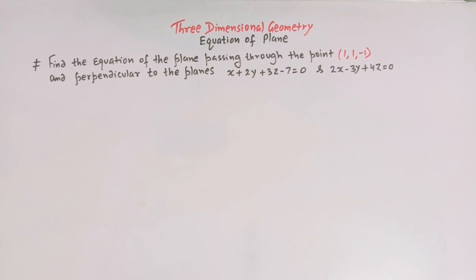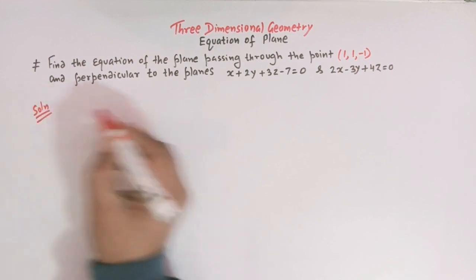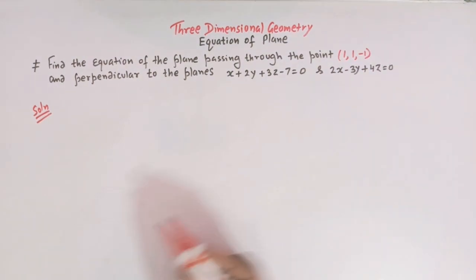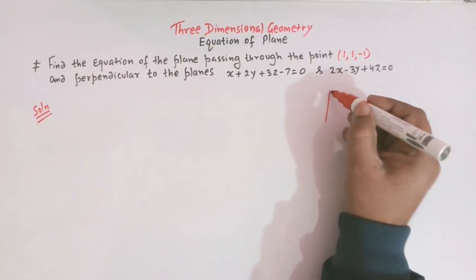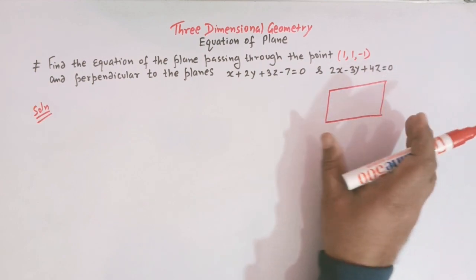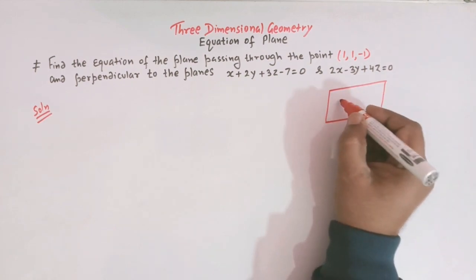So now let us start, and let us first take the point 1 comma 1 comma minus 1, right? So let us take this plane as our required plane whose equation is to be determined, right? So this plane passes through this point.